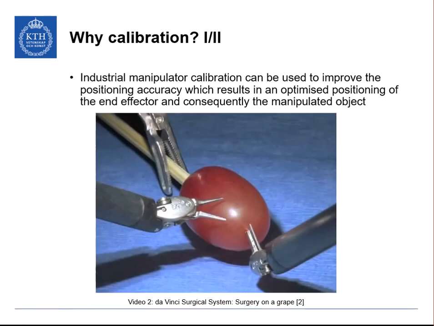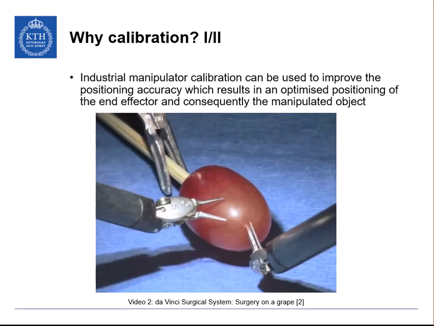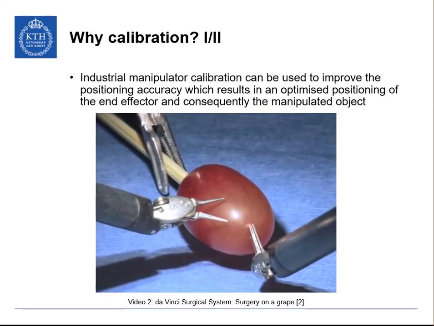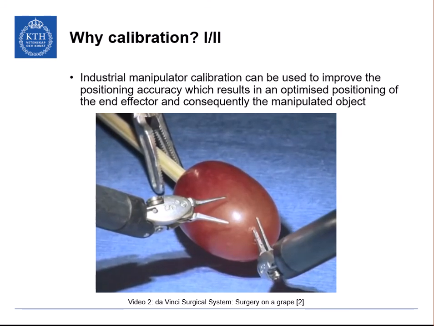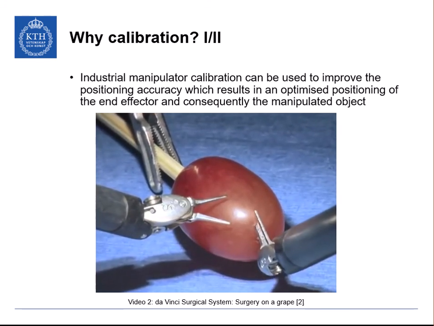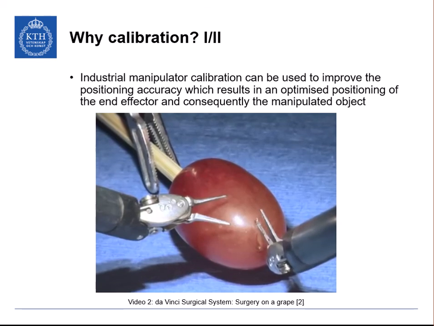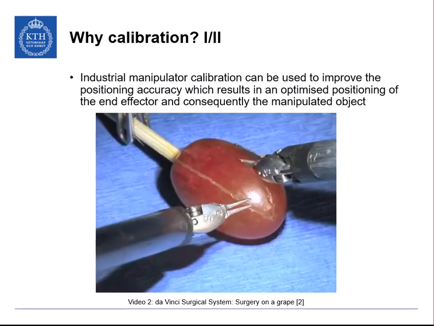Why calibration? Industrial manipulator calibration can be used to improve the positioning accuracy, which results in an optimized positioning of the end effector and consequently the manipulated object. The importance of the positioning accuracy for different applications varies from low in most pick-and-place applications to potentially lethal in telesurgical robotics applications.